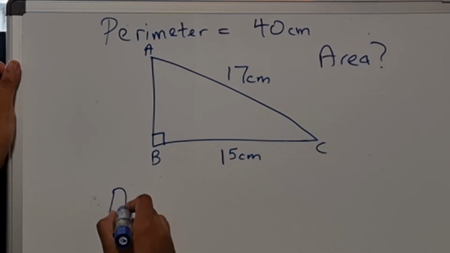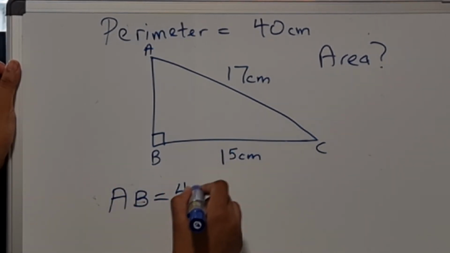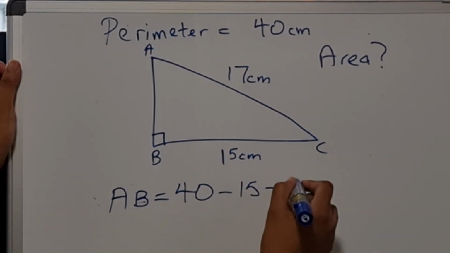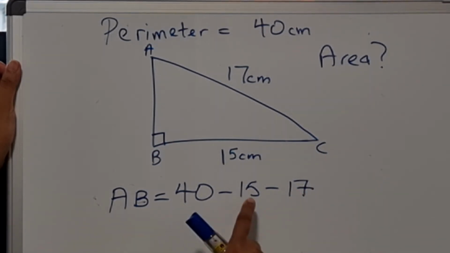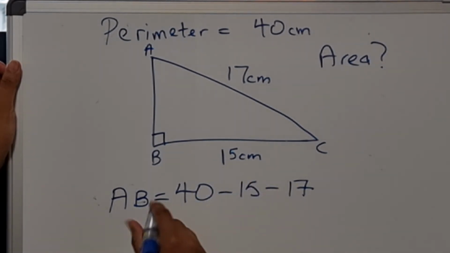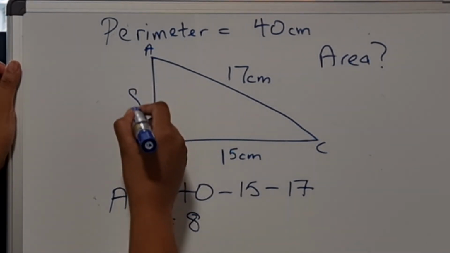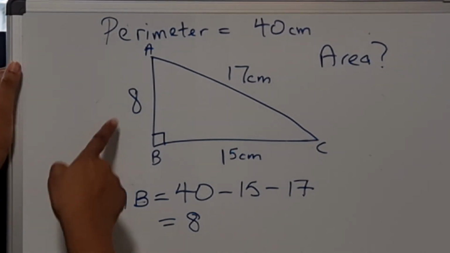So AB equals to 40 minus 15 minus 17. So 40 minus 15 will give you 25. 25 minus 17 will give you 8. Okay, so this is 8. So now you know this is 8 already.